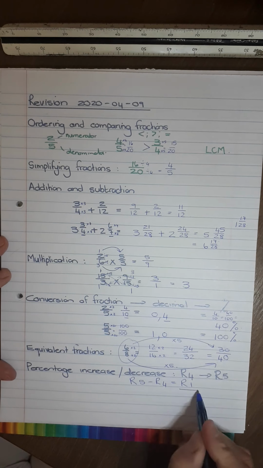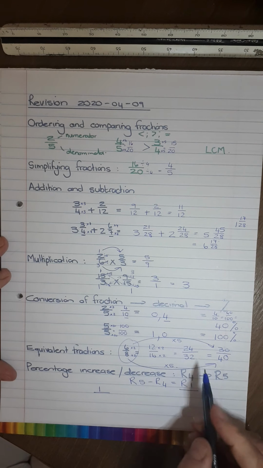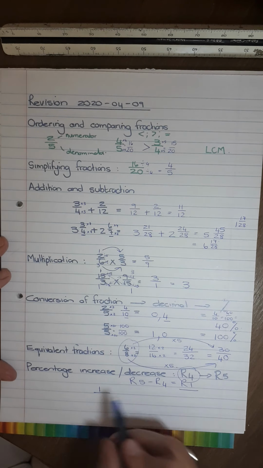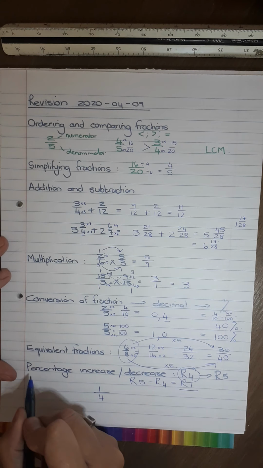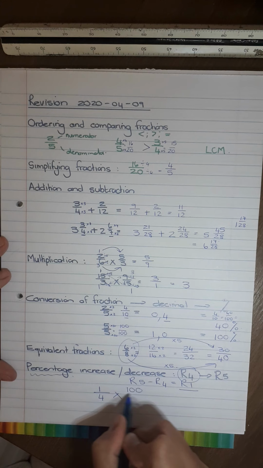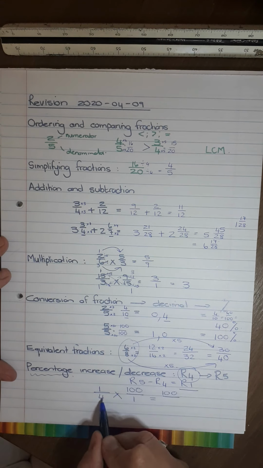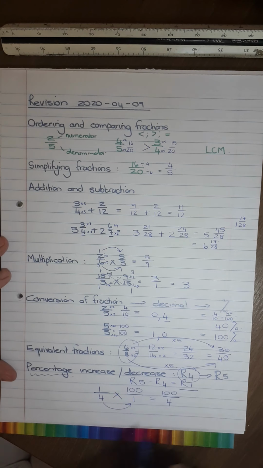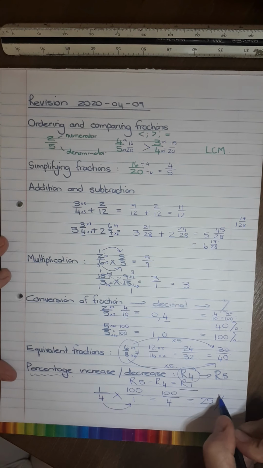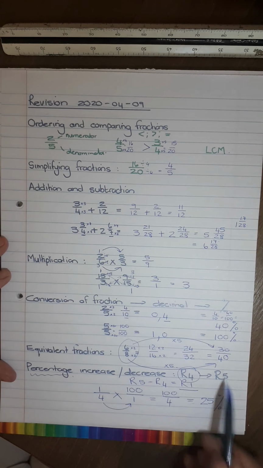Then I take my difference, which is 1, and I put it over the initial price, which was 4. And then I want to work out the percentage. That will be times 100. That gives me 1 times 100 gives me 100 over 4 times 1 gives me 4. And if I work that out, that will be 25%. I worked out the percentage increase from 4 Rand to 5 Rand.